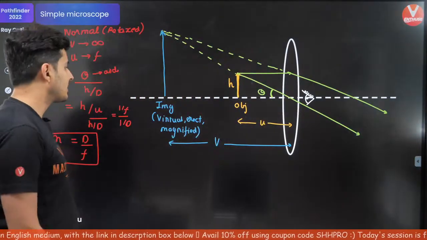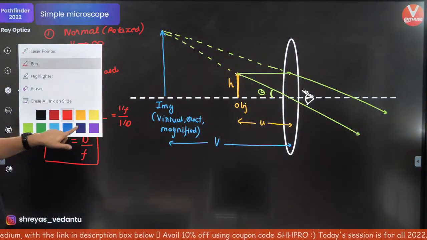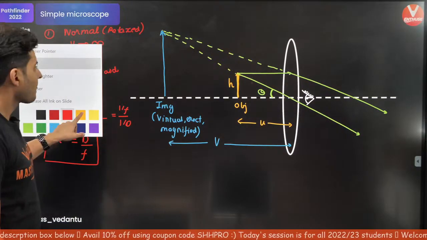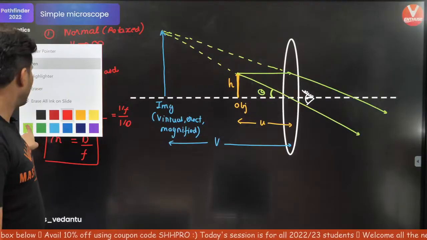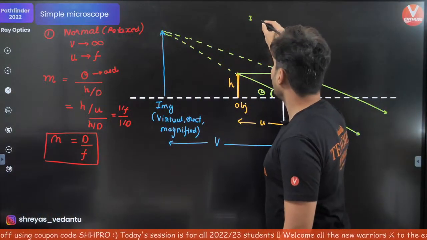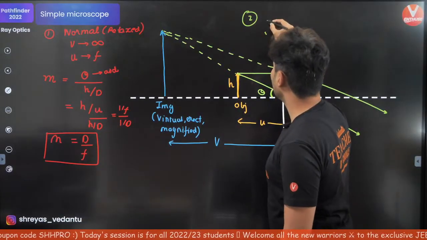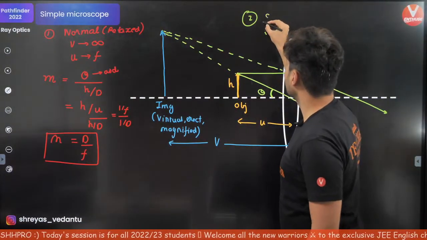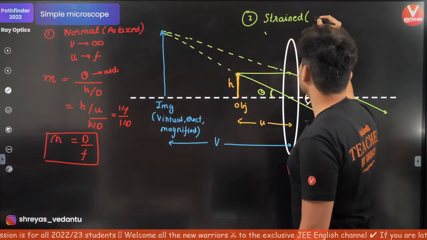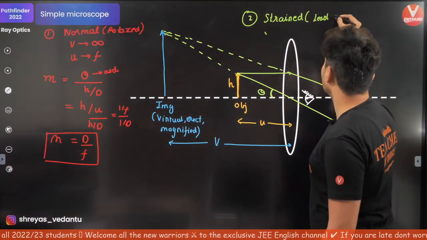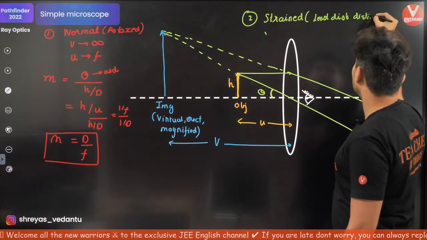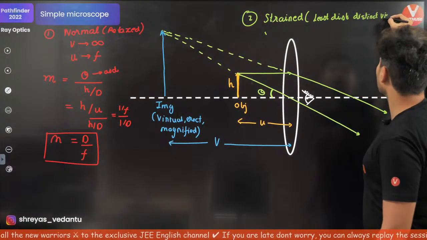Now the second case. Let's have a look at the second case. So what is my second case, my warriors? Observe this carefully now. Second case is when my eyes are most strained. Most strained. That means for least distance of distinct vision.